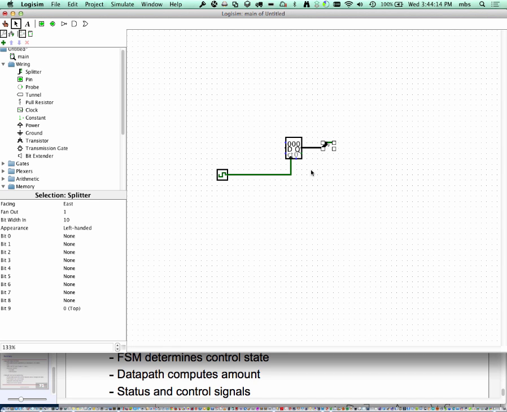I have 10 bits. 10 bits is how much? 1000, right? So if I control it by a 1 kilohertz clock, then half a second it would be high, half a second the 10th bit would be low.